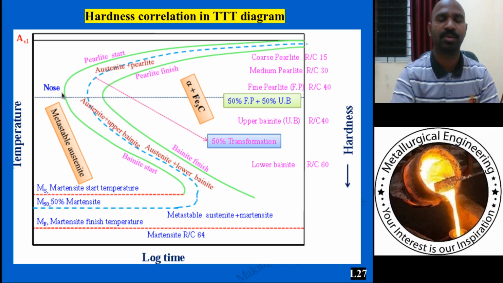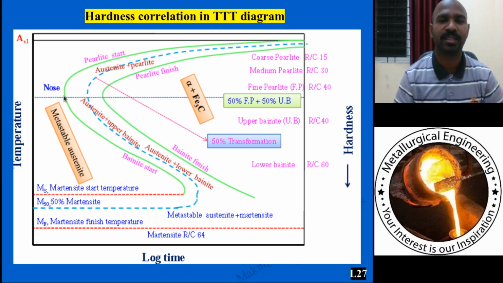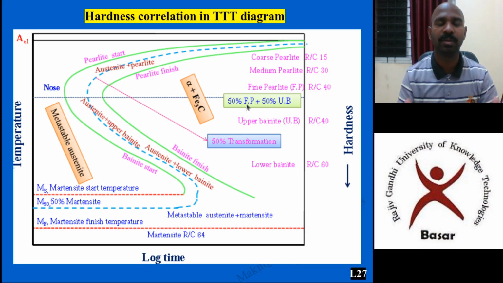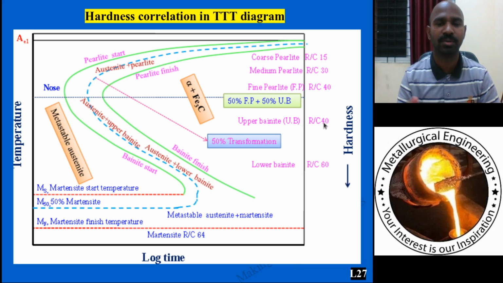And at the starting temperature, at this particular point, fine pearlite dominates, that is 50% fine pearlite, and at this line 50% upper bainite which has a hardness value of 40, and this phase is alpha plus Fe3C, it means pearlite.